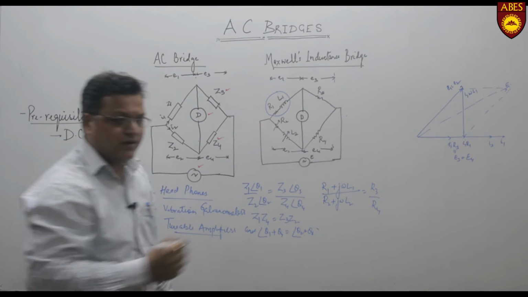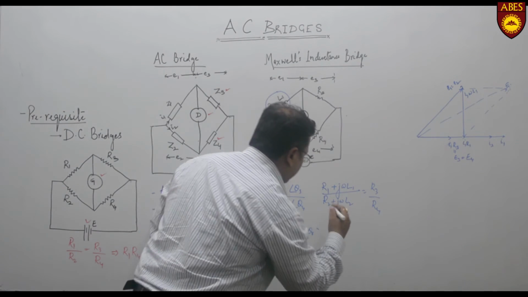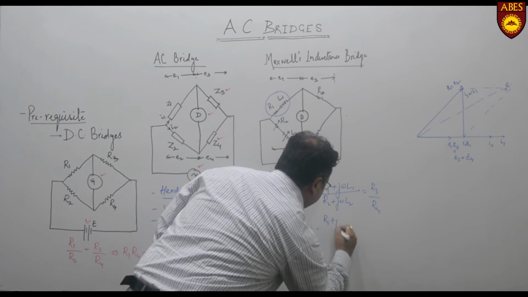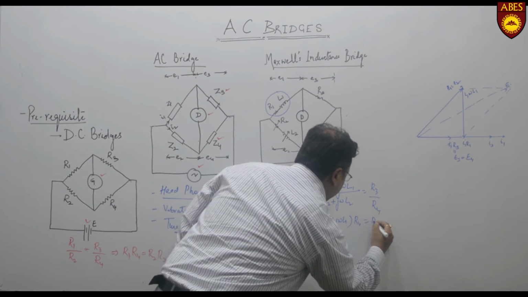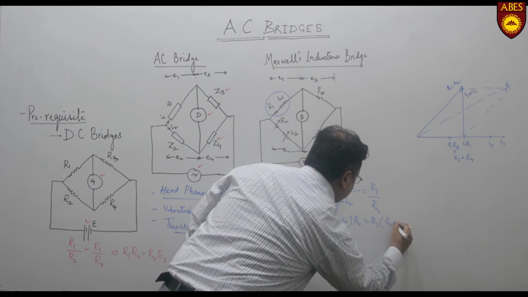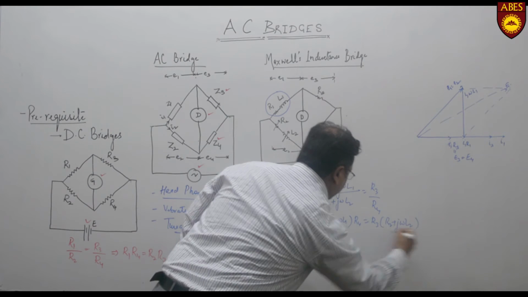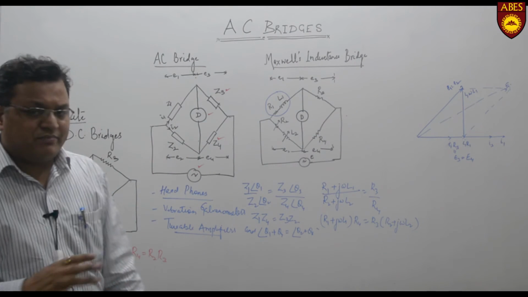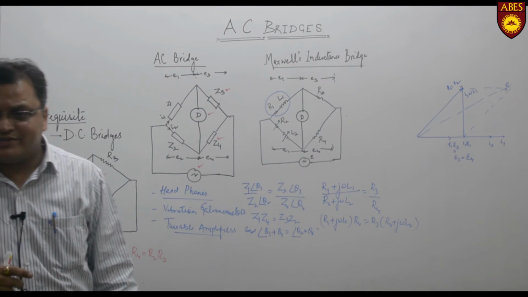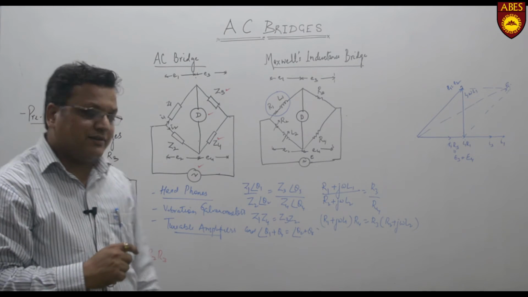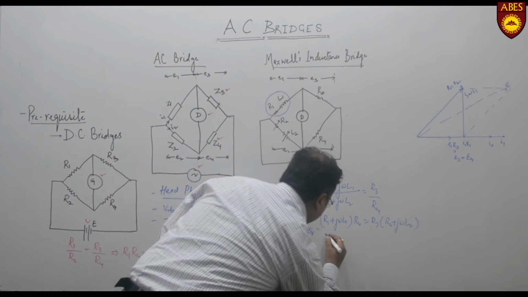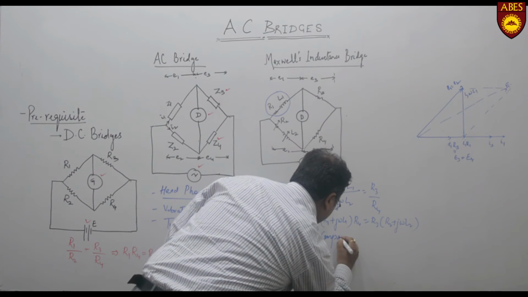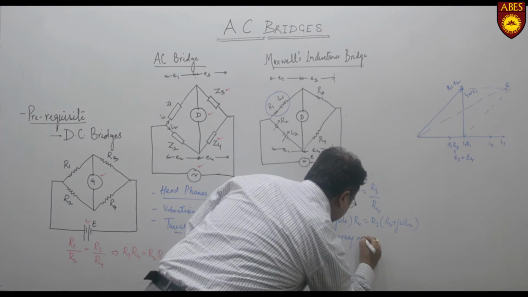These are in polar or complex forms. So R1 plus j omega L1 into R4 is equal to R3 into R2 plus j omega L2. Now it's a very simple equation, involving complex number calculations. We compare the real part with the imaginary part.